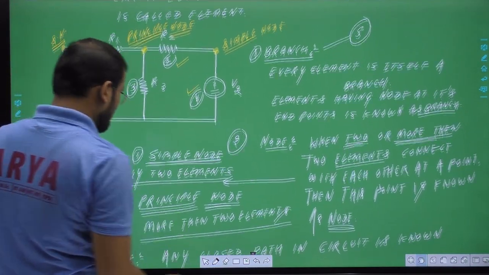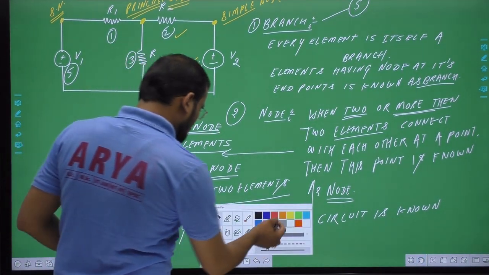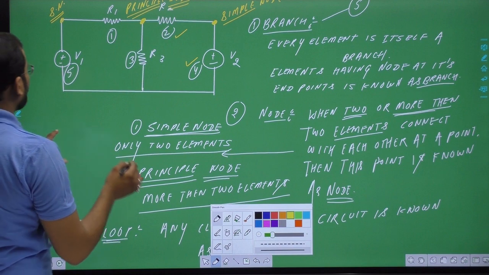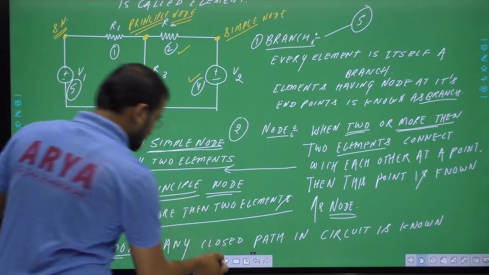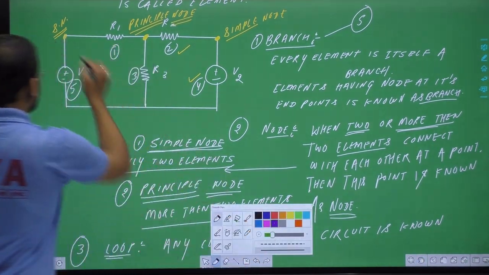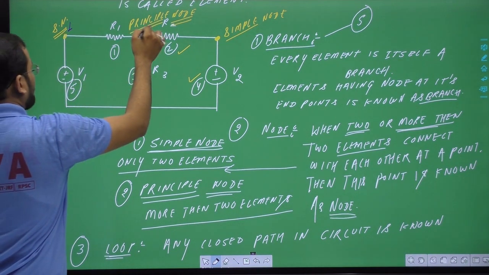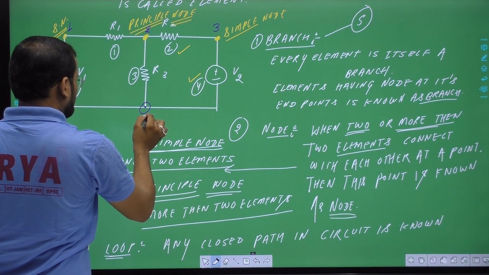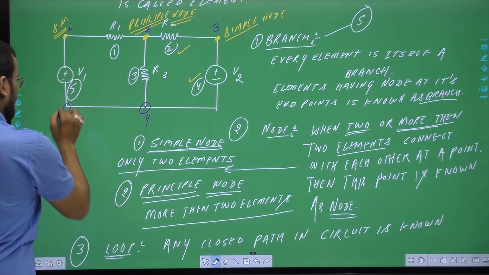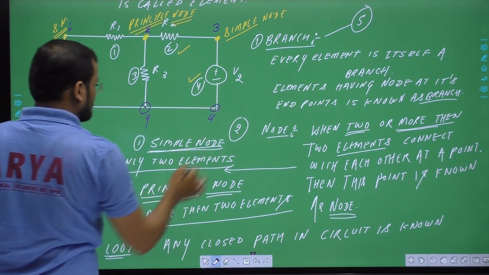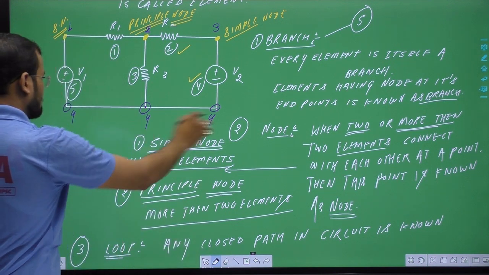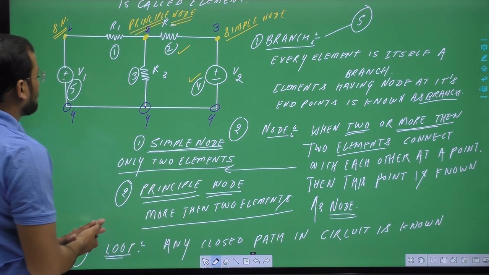So here in the circuit, if I show you the loop, let me assign some numbering here, 1, 2, 3 and 4. As the lower line is shorted, we assign all those nodes the same number 4.